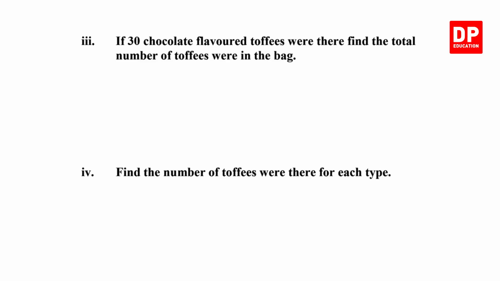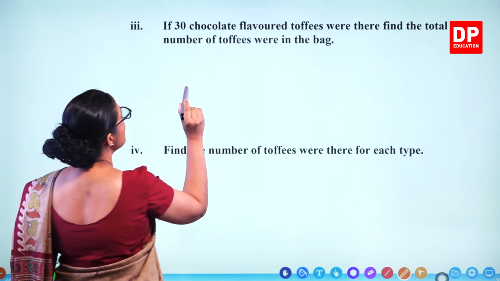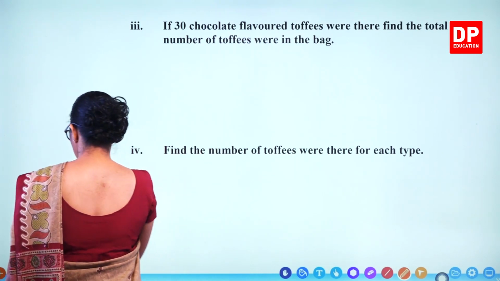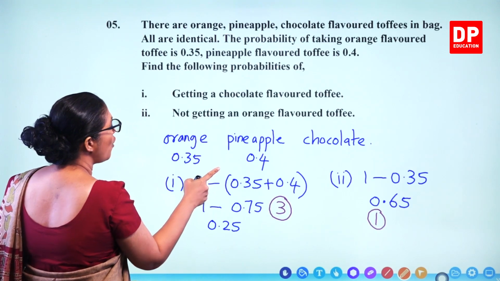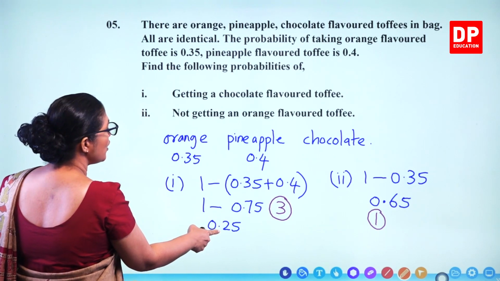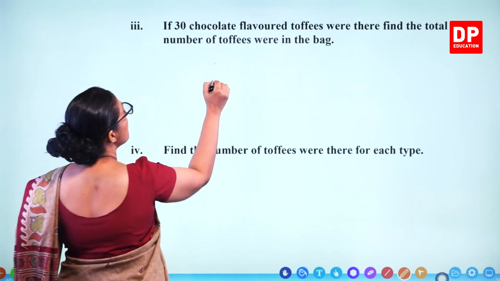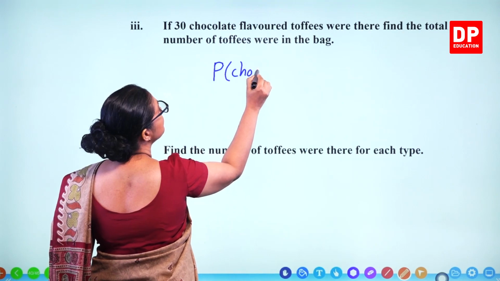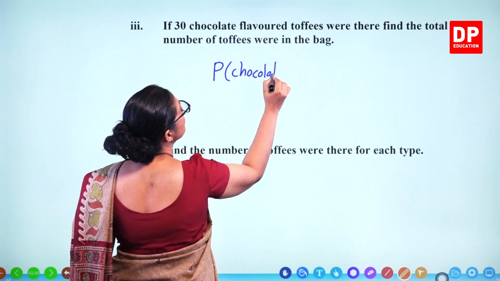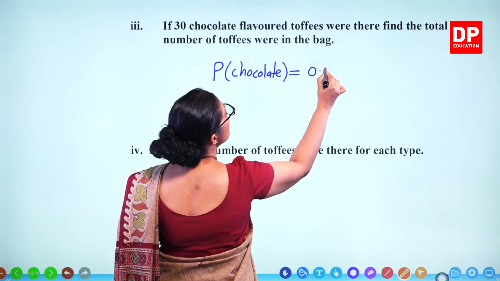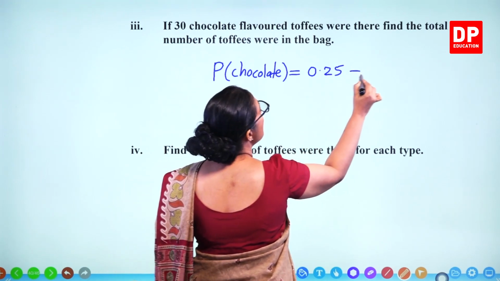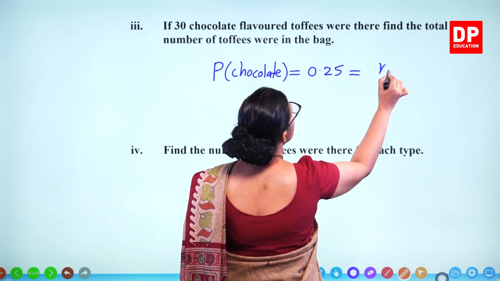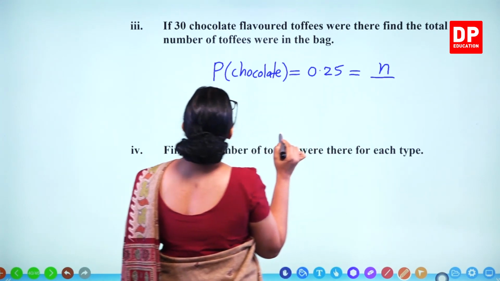If 30 chocolate flavored toffees were there, find the total number of toffees in the bag. So the probability of getting chocolate one is what? We found that. That's 0.25. Probability of chocolate is 0.25. That means number of chocolates over total.